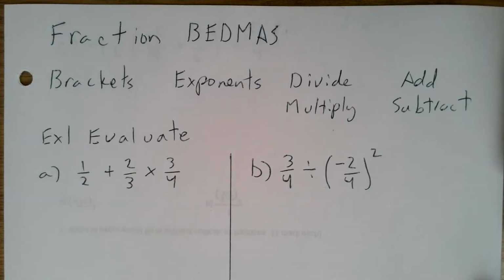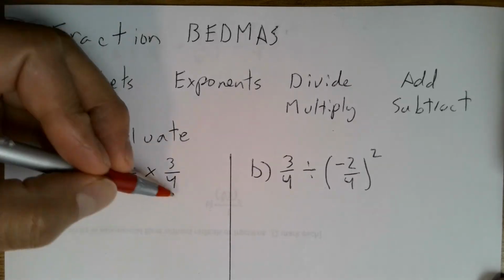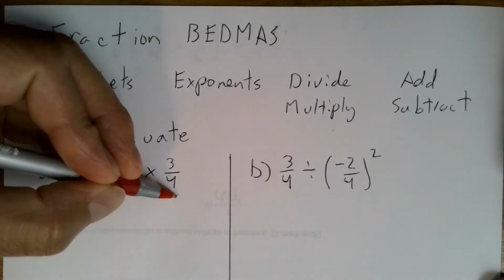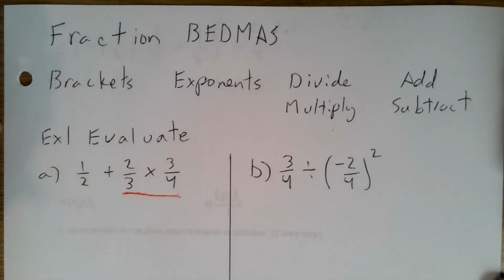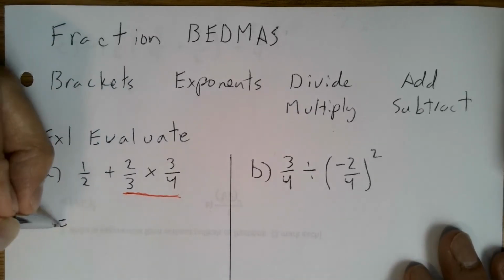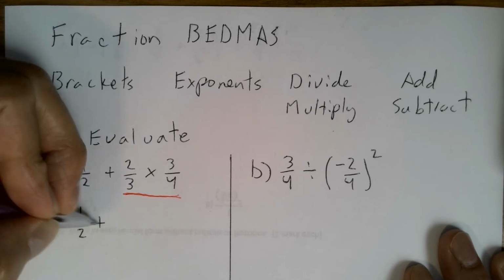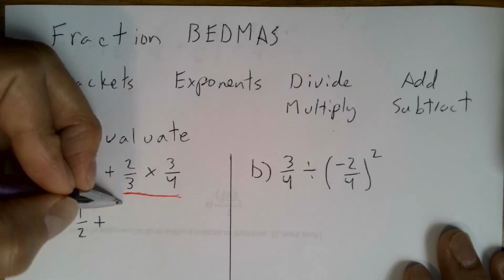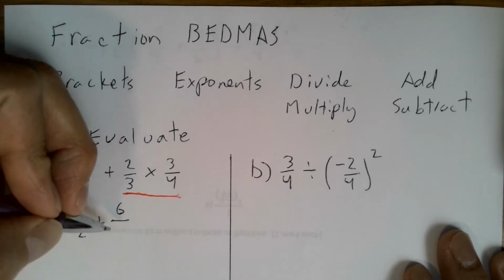Okay, so we've got example 1 here, evaluate. Evaluate basically means tell me what number this equals. So we've got a half plus 2/3 times 3/4. We're going to do the multiplying first. So we've got 2/3 times 3/4, which equals, the line above, I've got a half plus 2 times 3 is 6, 3 times 4 is 12.